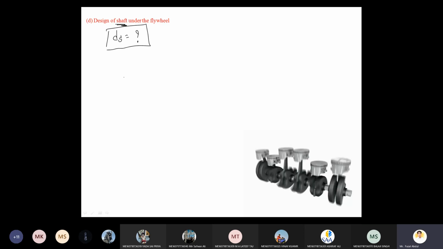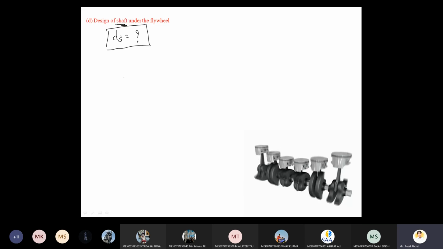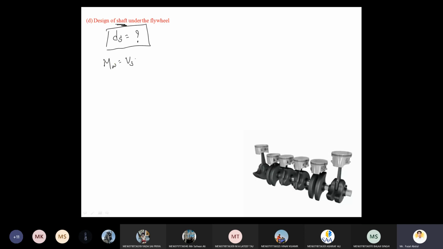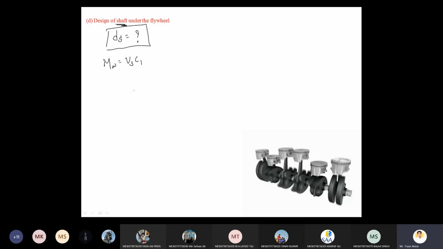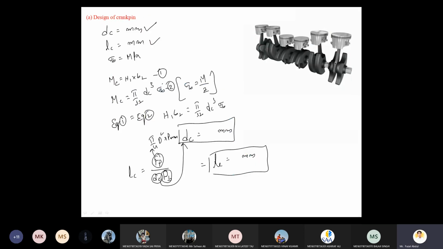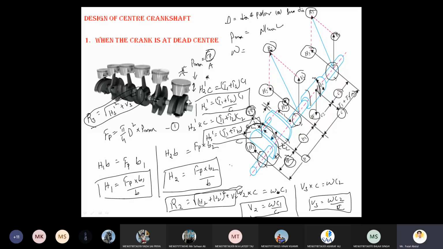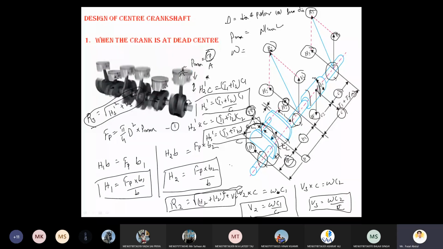Now we know the bending moment due to the flywheel, vertical reaction into C1, from this figure. So from this figure, see here, this is the vertical load W acting. Because of this weight, the two reactions are there.